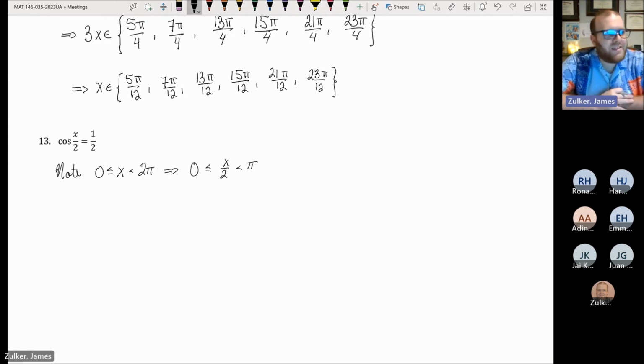X over 2 is going to be between 0 and pi. Between 0 and pi, where does cosine equal 1/2?